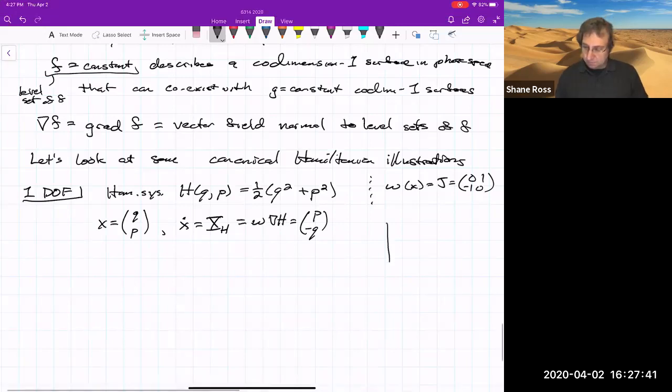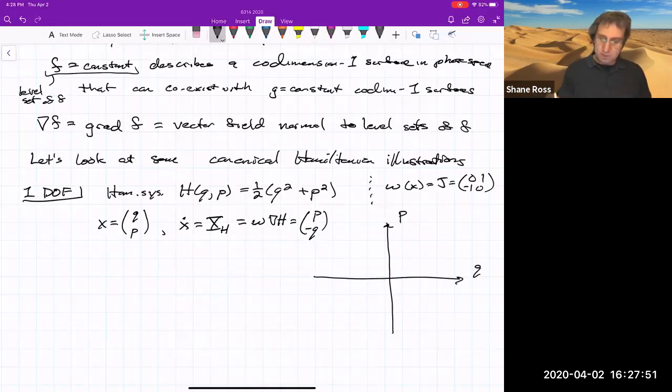Let me sketch the phase space. Here's Q, here's P. Level sets of H. We know level sets of H are important because in 1 degree of freedom that corresponds to what trajectories do. So let me sketch some level sets. Here's a level set. Here's another level set.